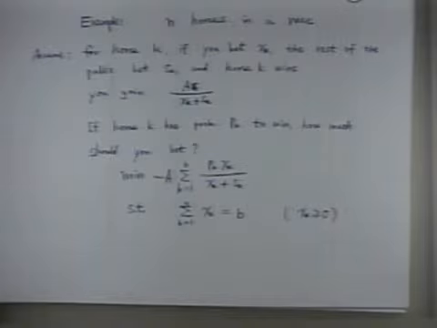Does that make sense? Okay, so let's say you bet on horse 5 and you put $10. The rest of the other students bet, let's say, $100. You bet 10, and the rest bet 100.